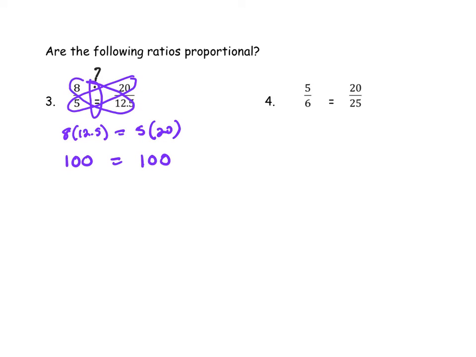So yes, they are equal, which means yes, they are proportional. If these two sides would not have been the same answer, then they would not be equal, and it would be, no, they're not proportional. So what I'd like you to do is try the next example on your own.